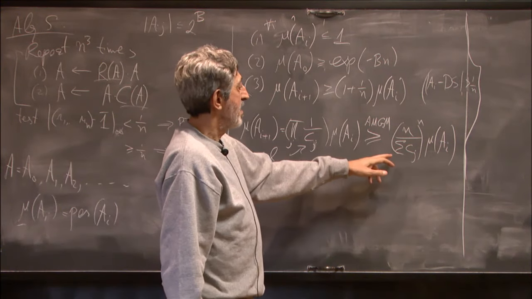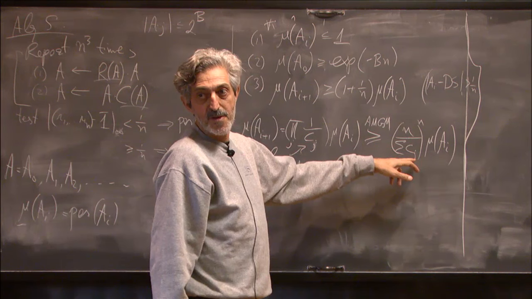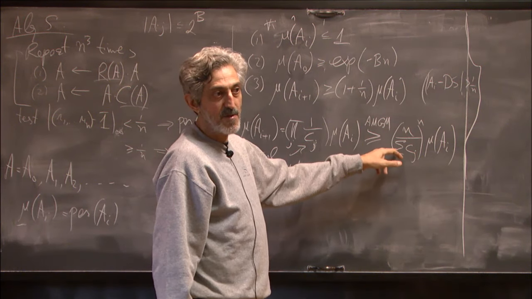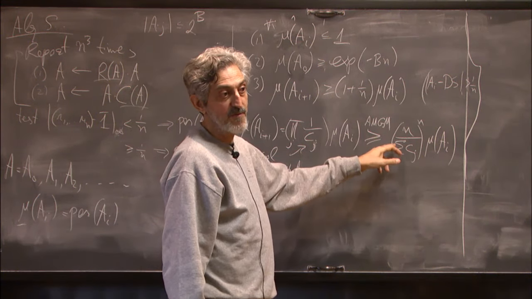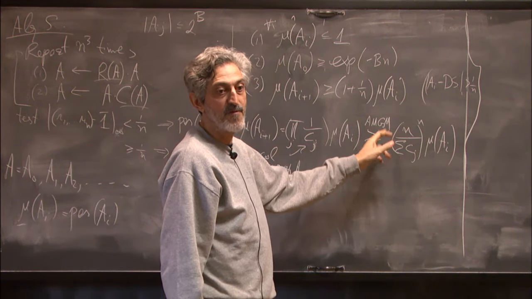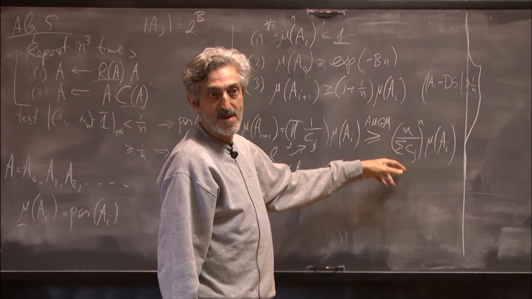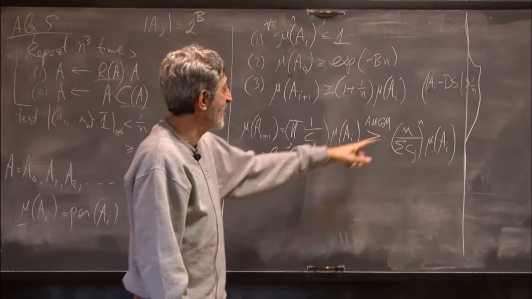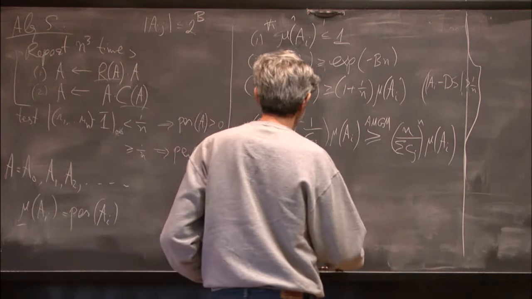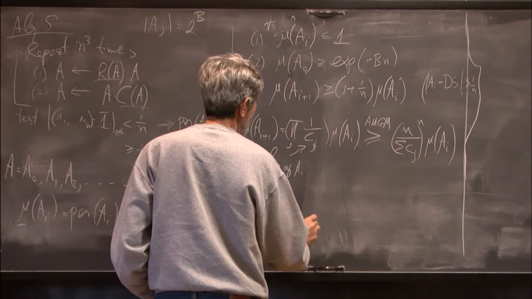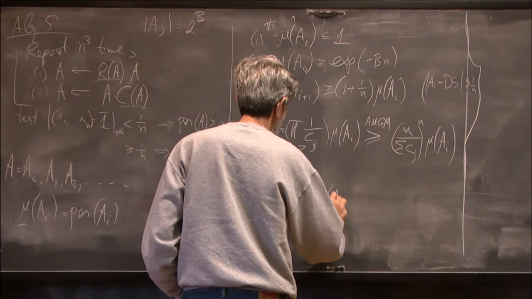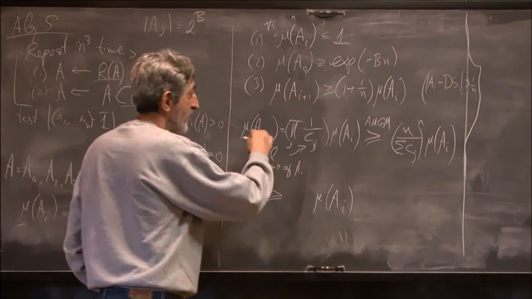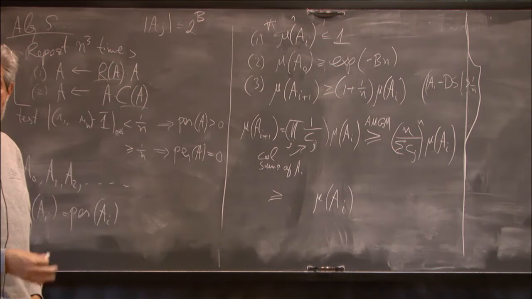And this is really nice because this is a sum of the column sums. The sum of all the column sums is the same as the sum of all the row sums. And all the row sums are 1 because the previous step made all the row sums 1. So this is 1. So we already know that this is at least mu of AI, which is the first step. It just shows that these permanents are not decreasing.